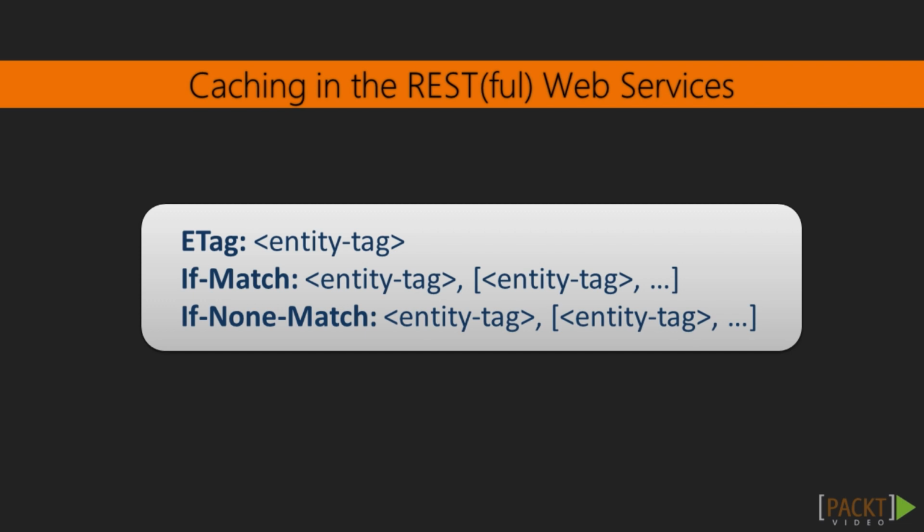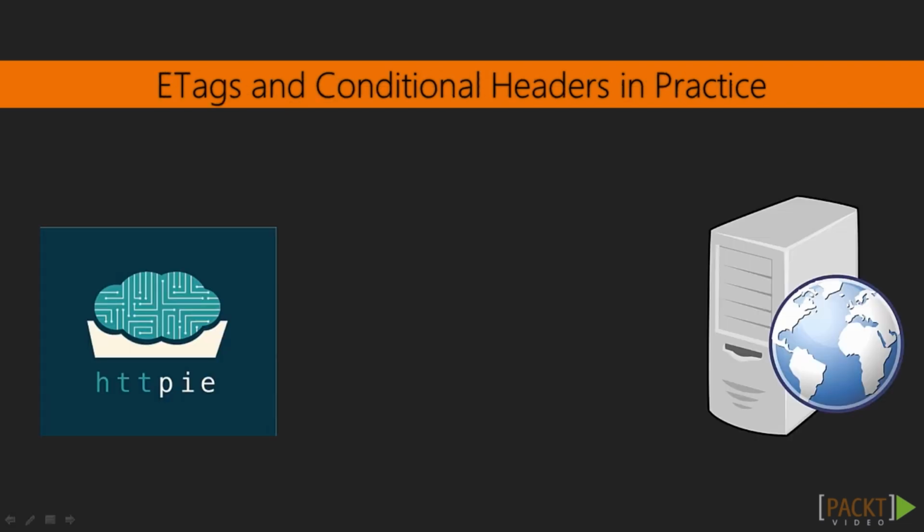If the resource representation at that URL changes, a new and different ETag is going to be generated and assigned. In this regard, ETags are very similar to fingerprints. They uniquely identify the particular resource representation and can be quickly compared to determine whether two representations of the resource are the same. Let us take a look at how this caching mechanism works in practice.